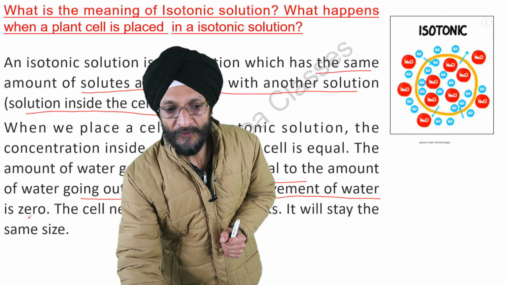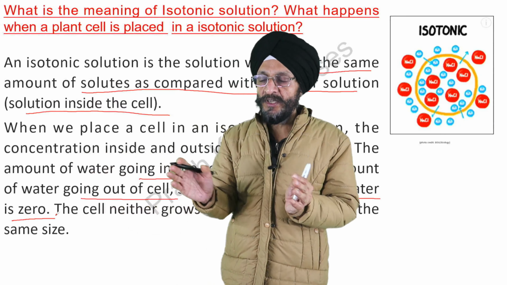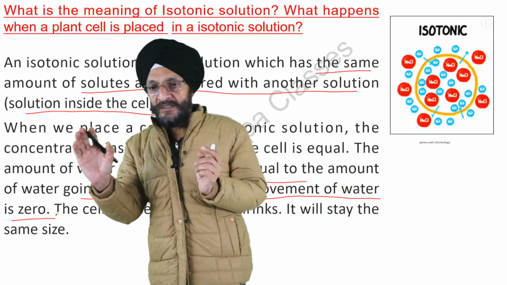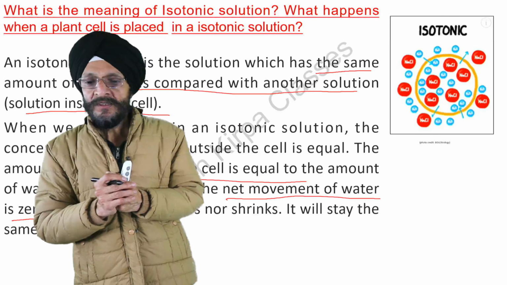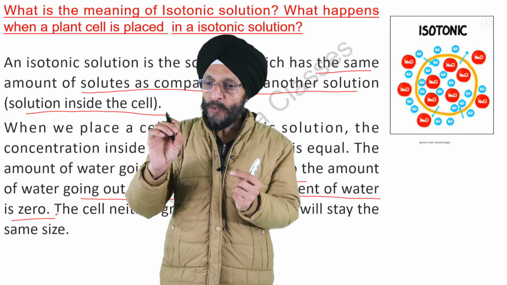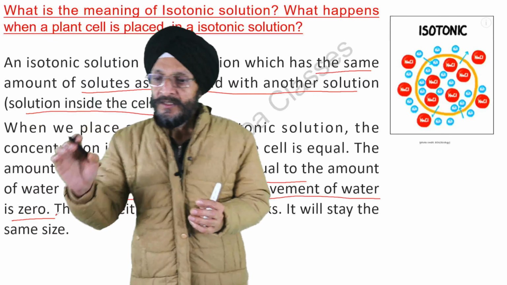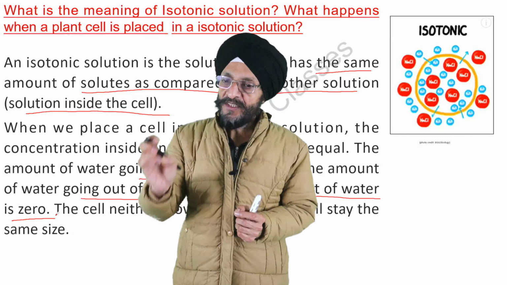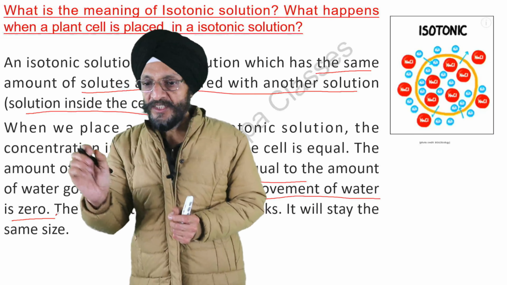The net movement of water is 0 because the solutes are equal. Equal quantity of solutes are present in and outside the cell, so the movement of water in net is 0, as the amount of water which is coming inside the cell is equal to the amount of water which is going out of the cell.